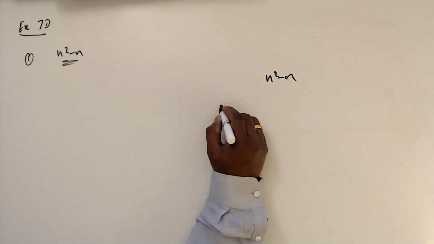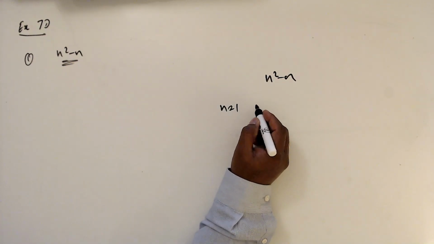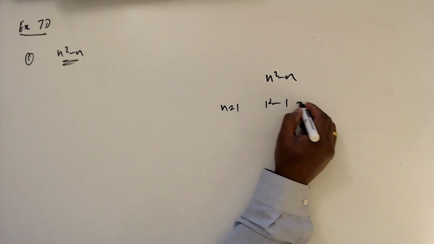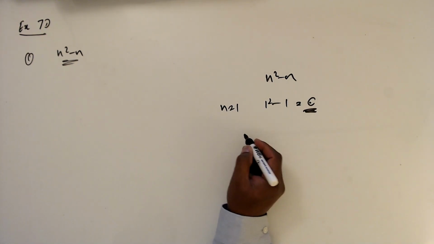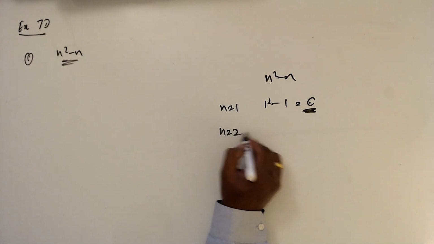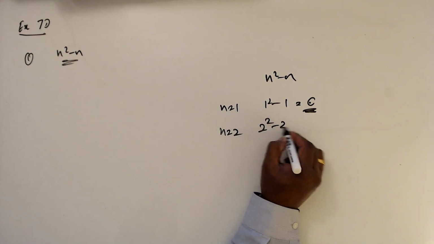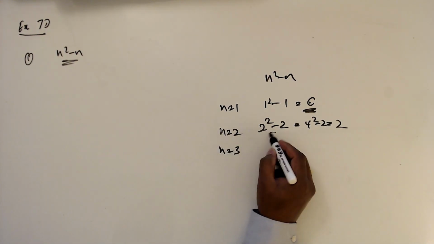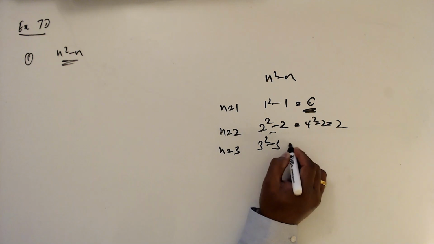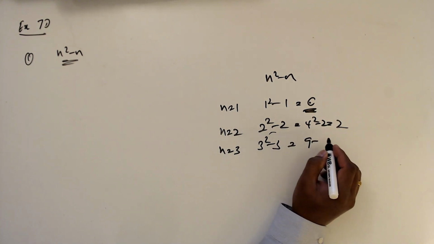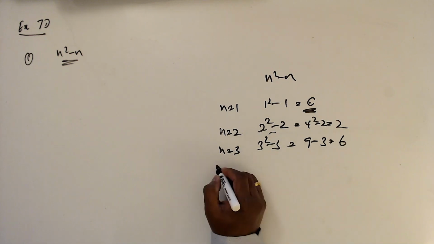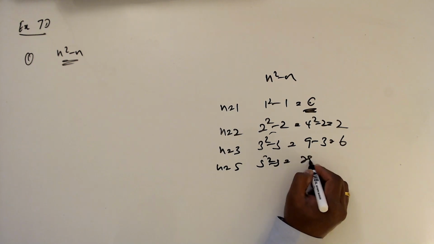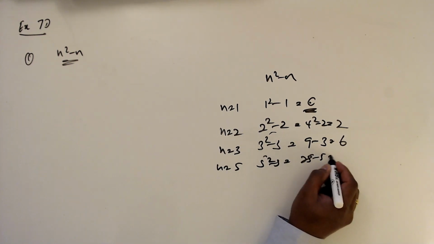So let's check, like, n equals 1. 1 squared minus 1 is 0. Yes, 0 we categorize as an even number. n equals 2: 2 squared minus 2, 4 minus 2 is 2. n equals 3: 3 squared minus 3, 9 minus 3, 6. n equals 5: 5 squared minus 5, 25 minus 5, 20.